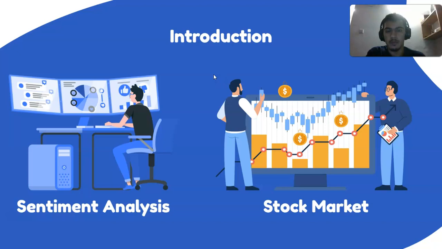So that means that Twitter has a very large amount of real-time data that's being posted regularly, and that kind of data can be used by analysts, researchers, journalists, engineers, and so on to predict or to analyze that data.